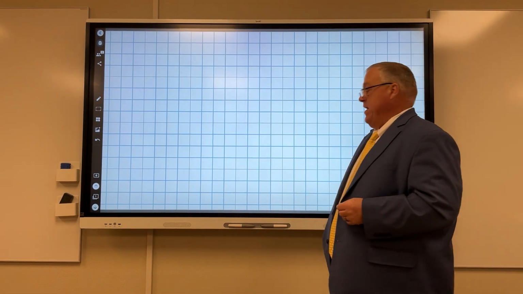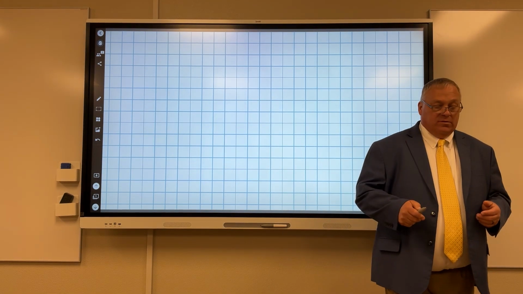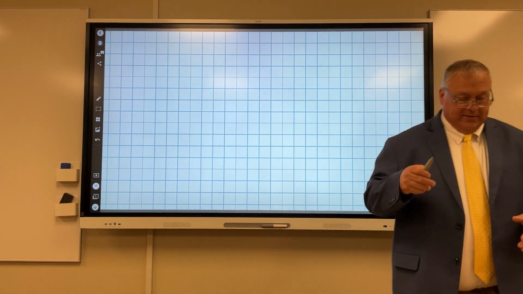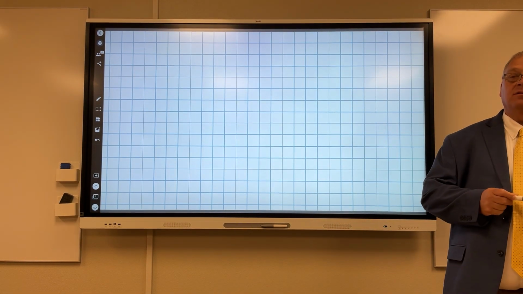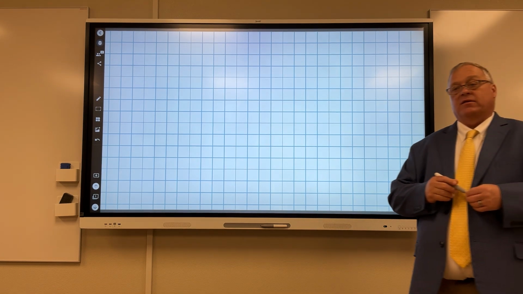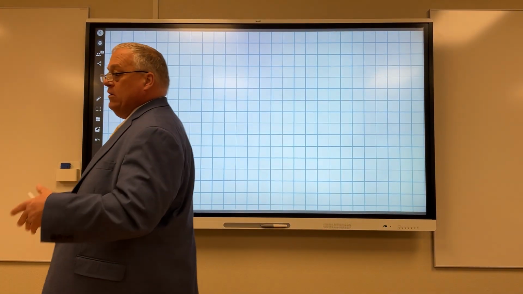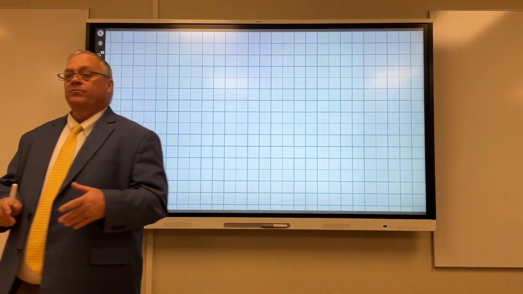Does anybody know what that is? They are a force that has a point of application, a direction, and a magnitude. Is there anything else that could be used to describe this force?